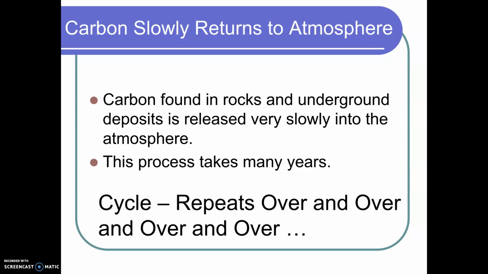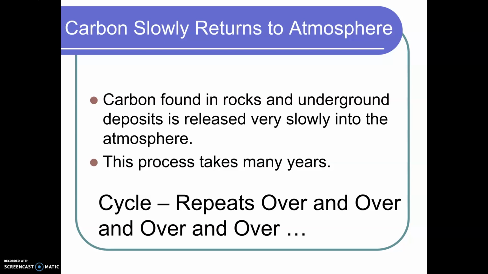Now, the carbon that's found underground in those deposits, the oil and the coal, carbon that's found in rocks, normally they very, very slowly release carbon back up into the air. It's a very slow process. It takes many years for this to happen, and that's the second loop. So we would go from atmosphere to plant to animal to fossil fuel and then back up into the air.